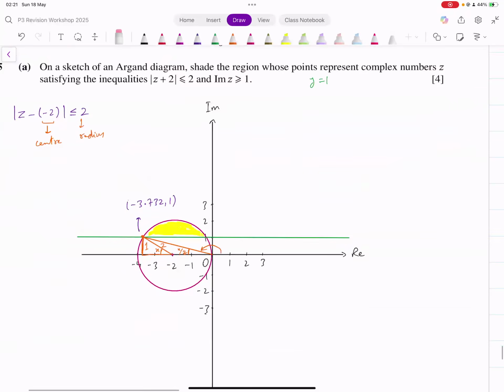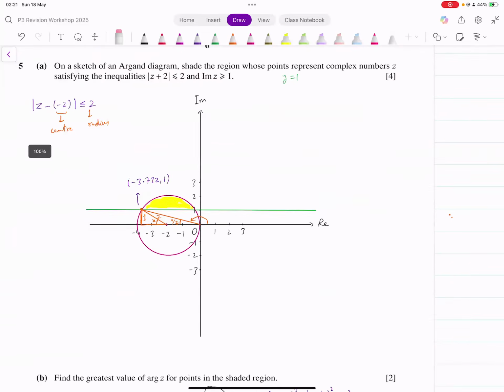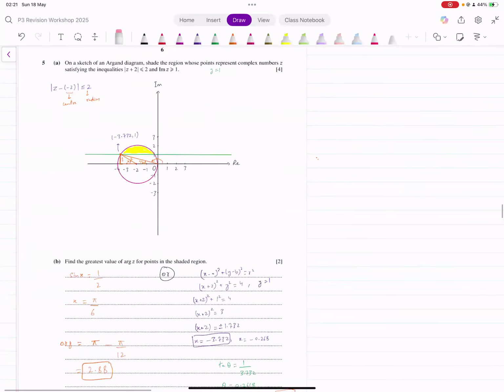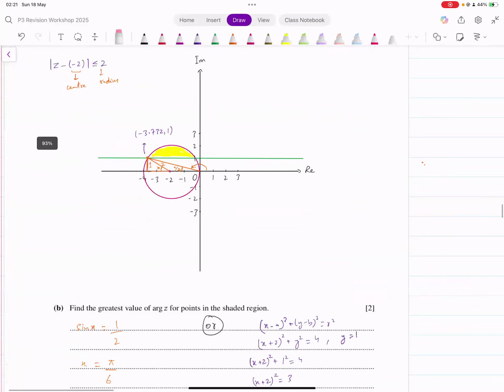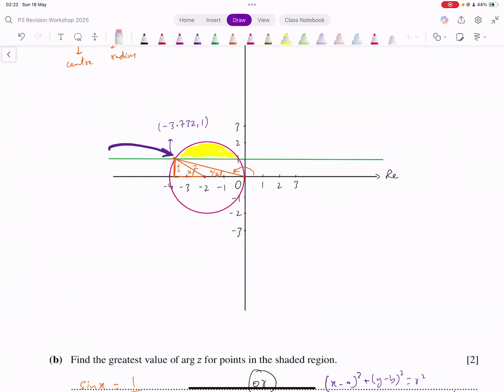Then you have this Argand diagram. You had to find this locus and then find the greatest value of argument of z. Greatest value of argument of z would be at this particular point.